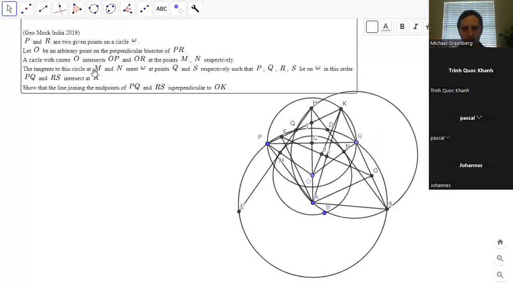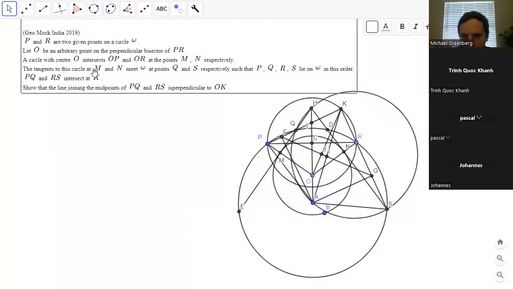So we have angle OPK, oh, that's OPK, not APK. Sorry, OPK is OPR plus RPK, which is the same as OMN plus, let's see, RPK is QPK.